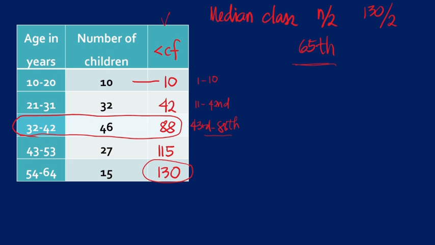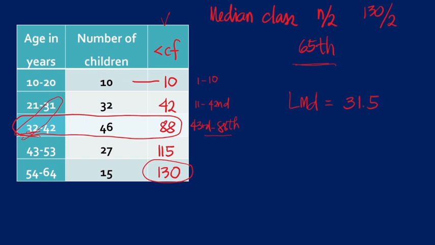So the third class interval is the median class, and this is where we get our data for our formula. The lower boundary of the median class, here it's 32, and between 32 and 31, so the lower limit boundary of the median class is 31.5.